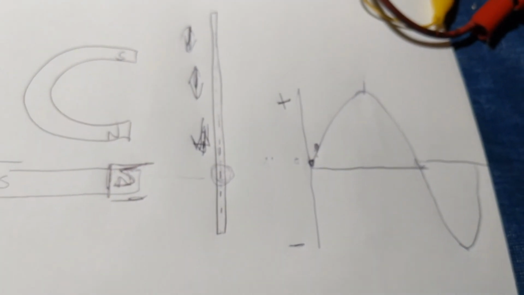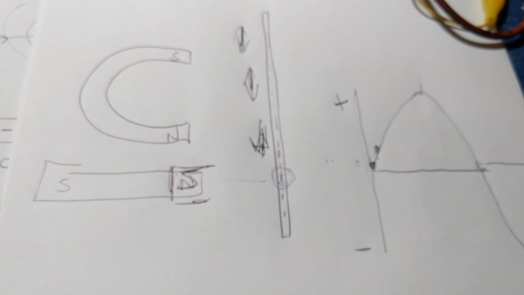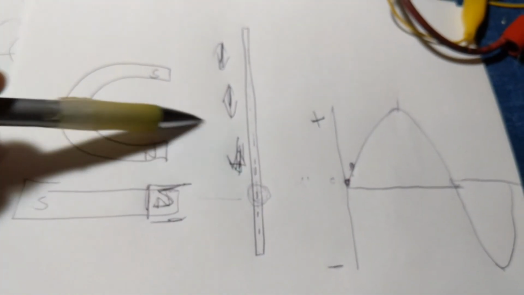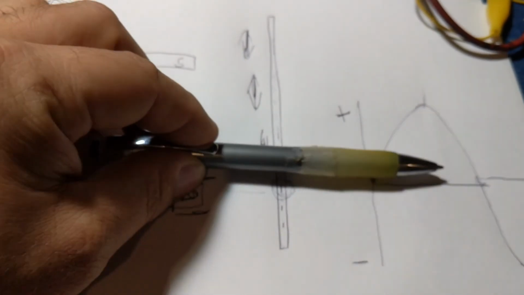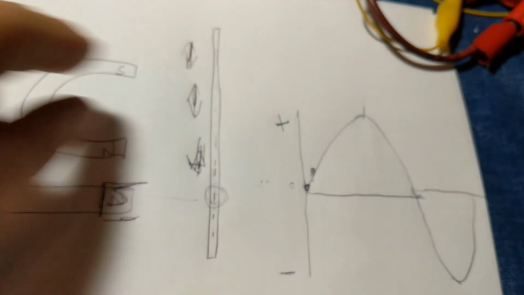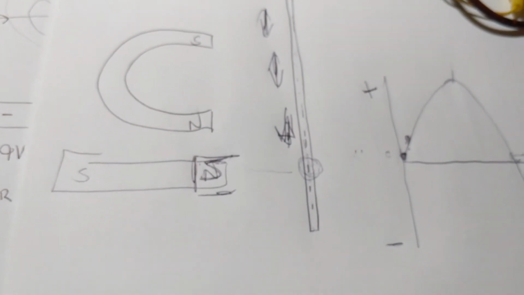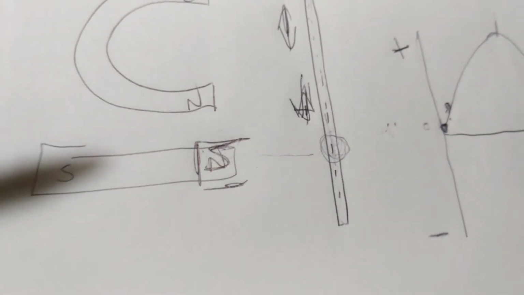In order to do that and create a usable amount of energy, we would have to move that magnet very quickly, and we would have to move it across, bring it back 60 times per second, and that would be quite a task for a human to do.